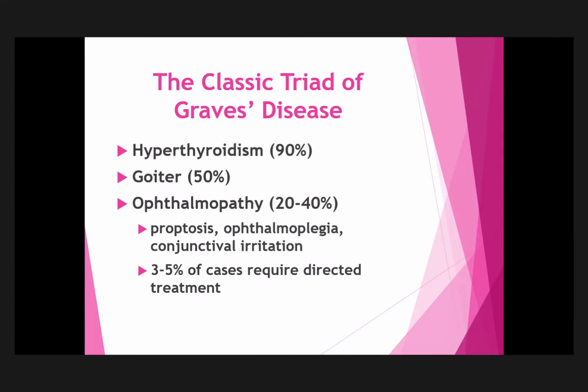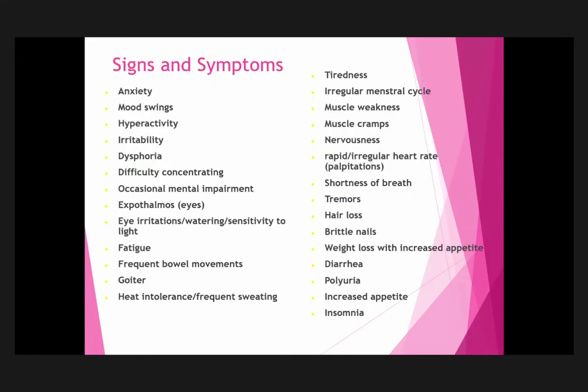Then ophthalmopathy, eye changes in the patients. These changes in the eyes are present only in 20 to 25% of cases. On the next slide, I will show you photos of patients with Graves' disease and ophthalmopathy and explain why it happens.